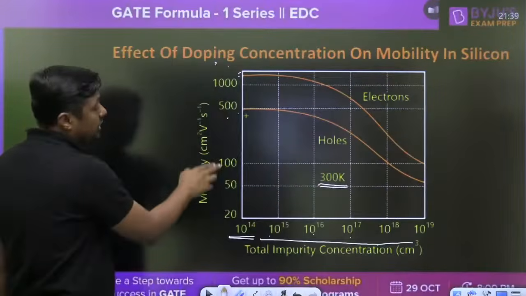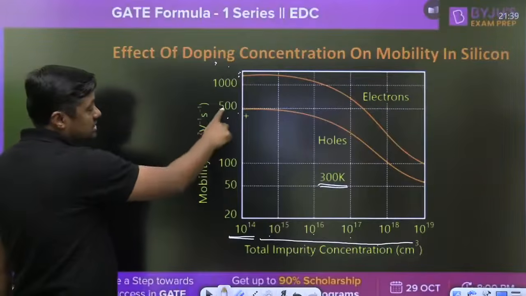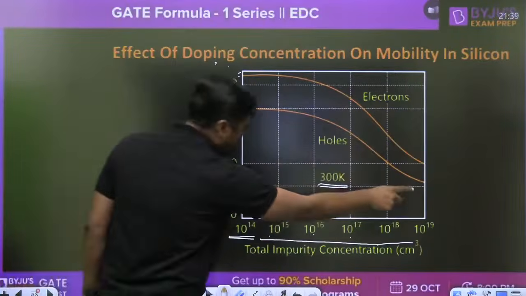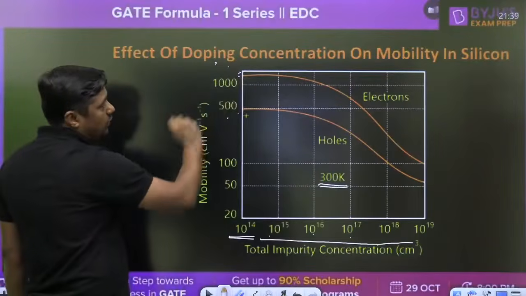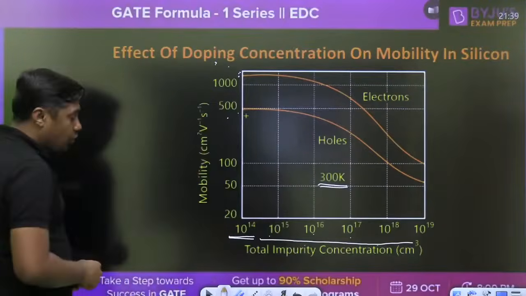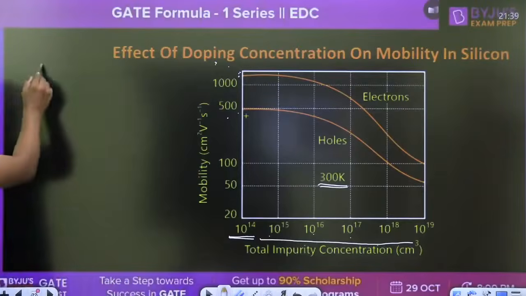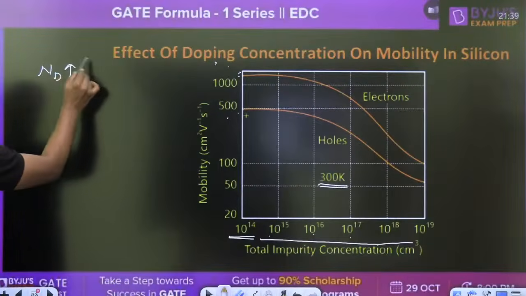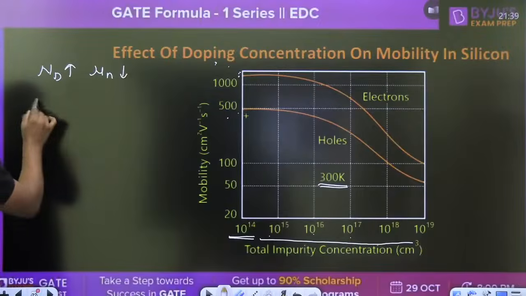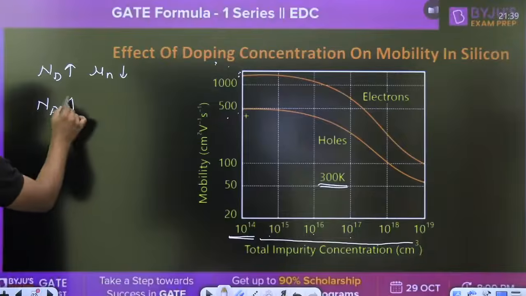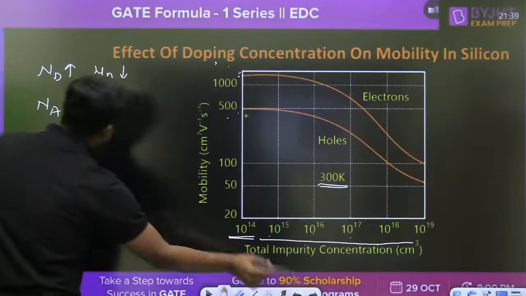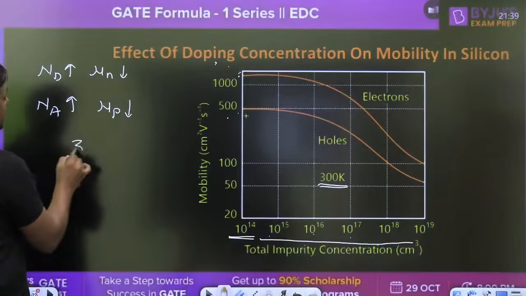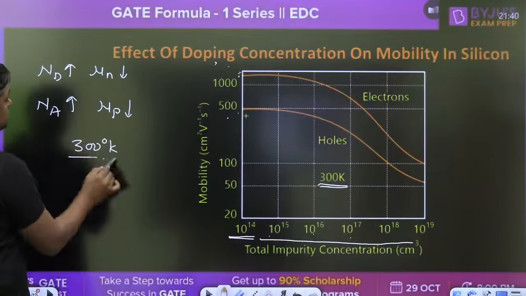That is the change in mobility of electron as well as holes when we are increasing the impurity concentration. Nd increases, mobility of electron decreases. Remember, this is very important. Na increases, mu p decreases. Exactly at 300 degree Kelvin.